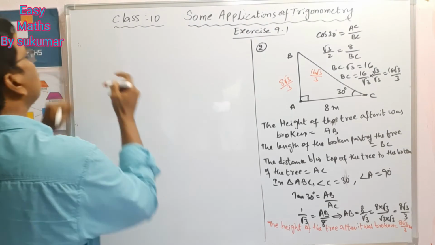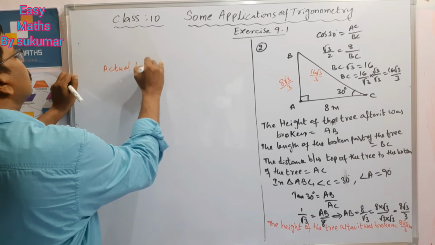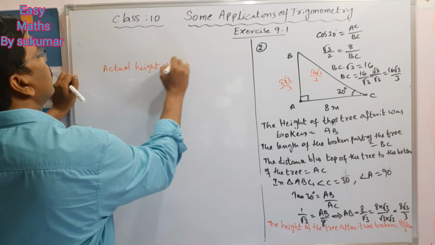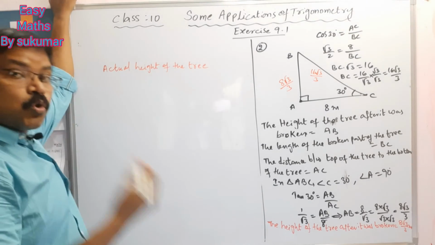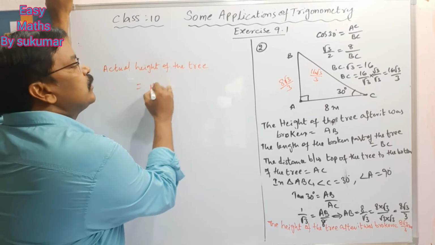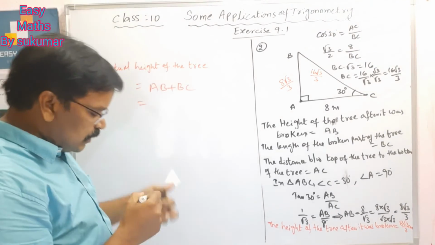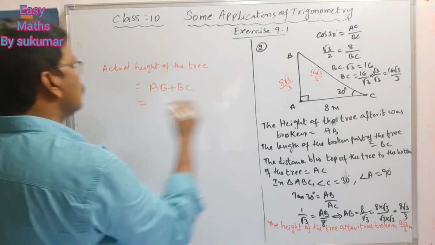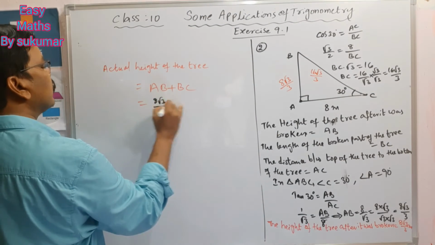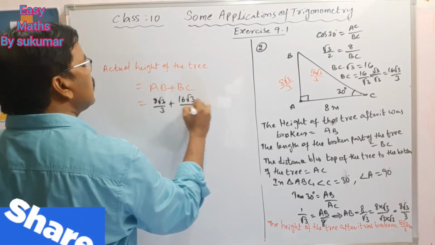Actual height of the tree before it was broken is equal to AB plus BC. What is AB, students? The AB is 8 into root 3 by 3 and the BC is 16 into root 3 by 3.